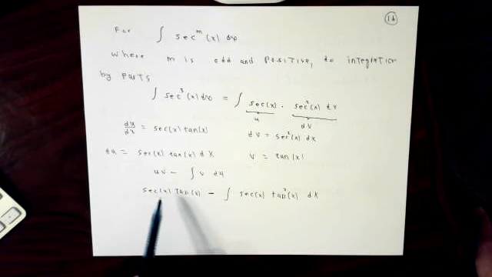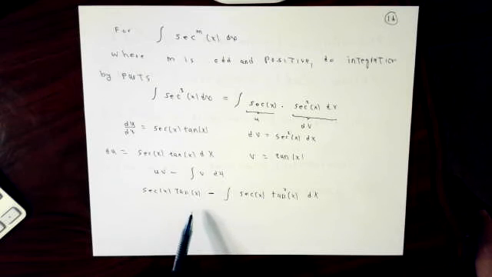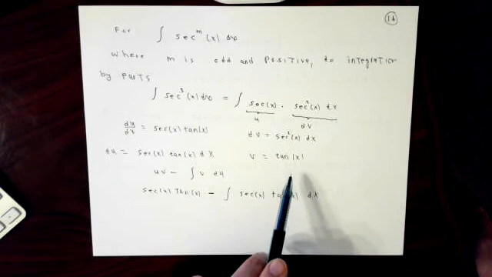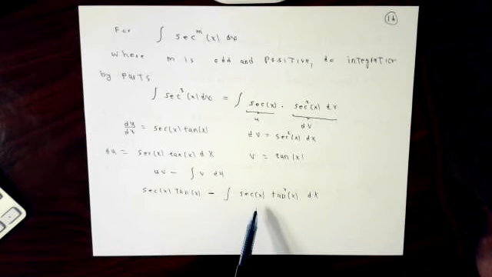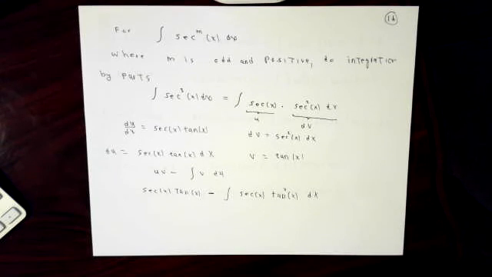And then we're going to write down our integration by parts formula: secant x tangent x, u times v, minus the integral of v du. V is tangent of x, and when I multiply that by secant x tangent x, I get secant x tangent squared x dx.